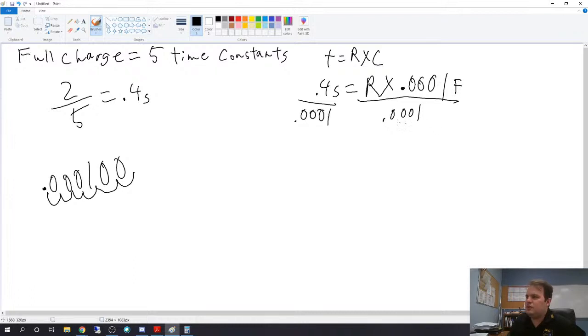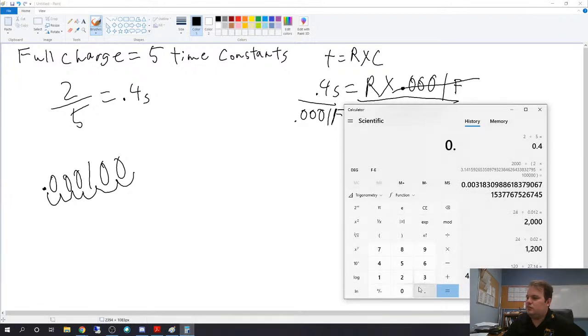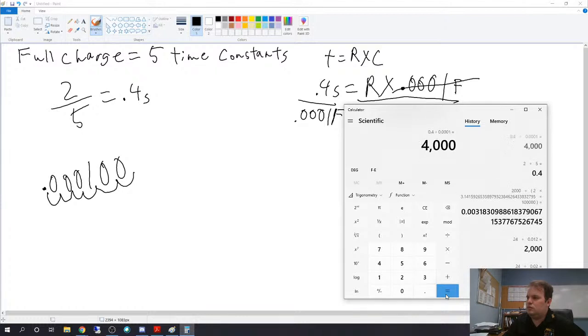That was farads, and this and this cancel. So 0.4 divided by 0.0001 is 4,000.